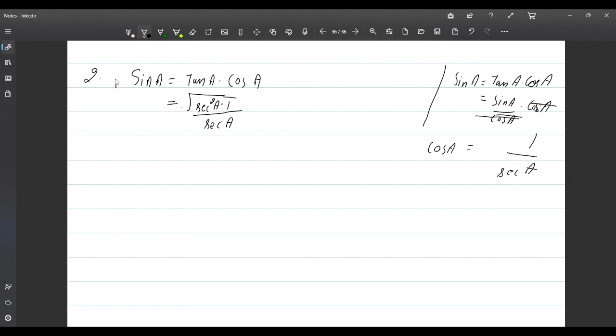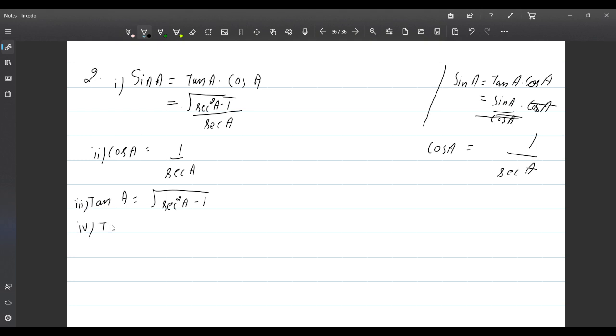So this is sin A. And cos A is equal to 1 upon sec A. This is second. Tan A is equal to under root sec square A minus 1. So this is the property. Third.